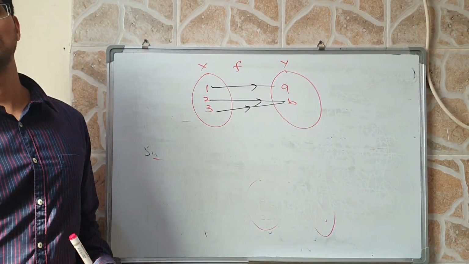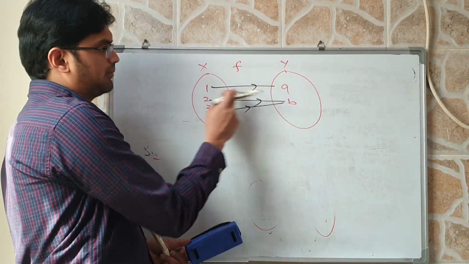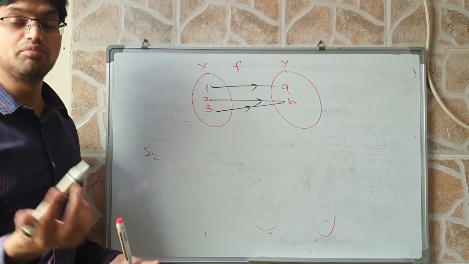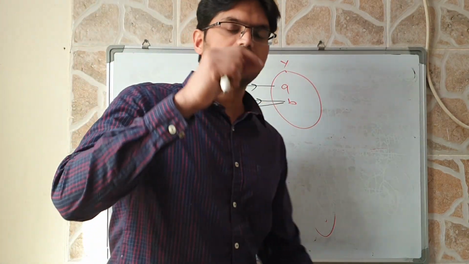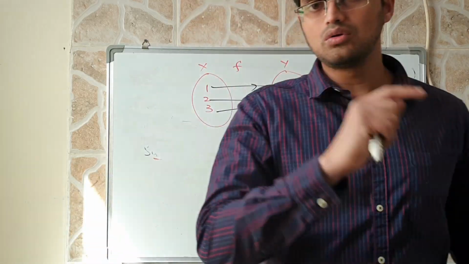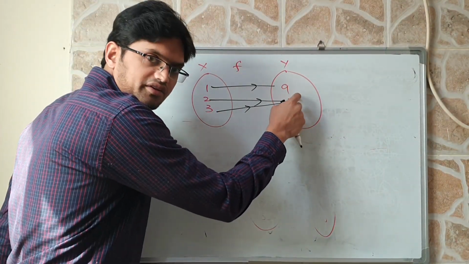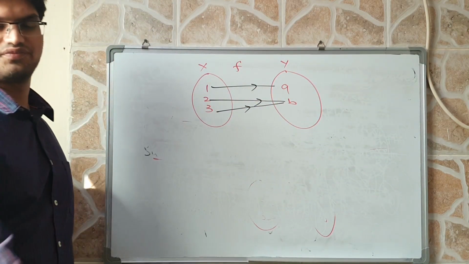Yes, f is onto. Why? Because A is having at least one element mapping. B, okay, I need only one element, but B has 2 elements, it's okay. So in short, what is happening for onto function, we are not leaving any element here in the set B. You can clearly see there should not be any element which is left out.